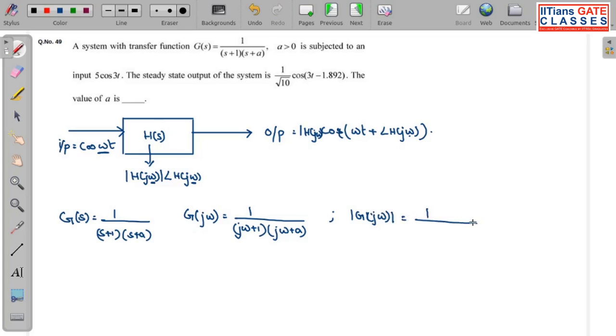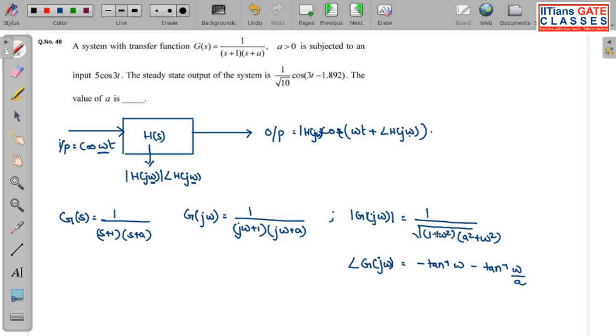It will be 1 over the square root of (1 + omega squared) times (A squared + omega squared). And the phase will be minus tan inverse of omega, minus tan inverse of omega by A. So what have they asked us to find? The value of A.